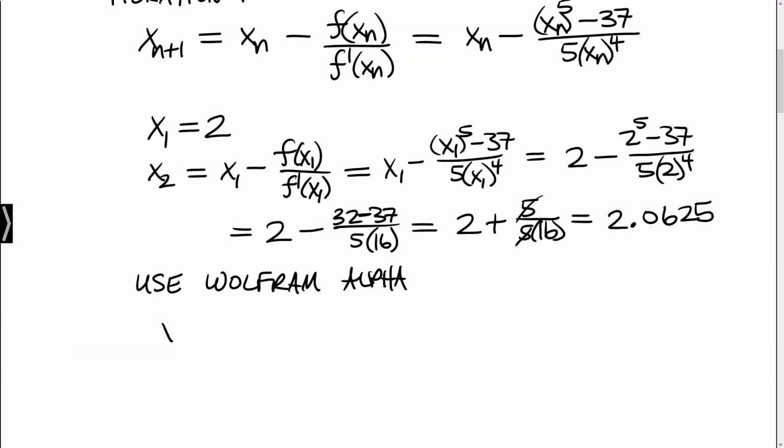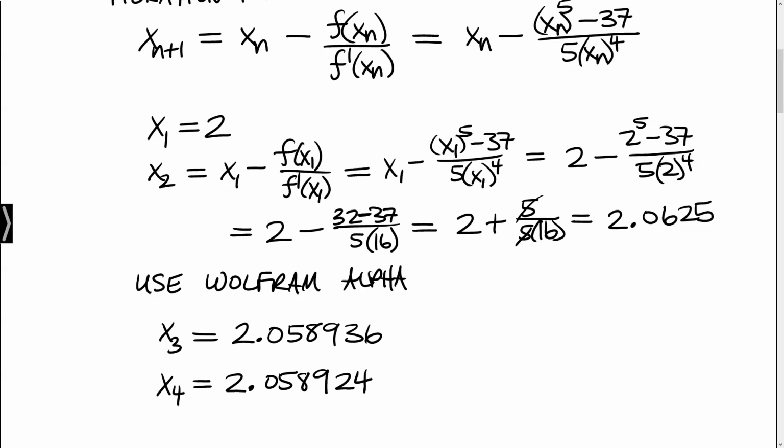So I'm actually going to write these down just for the notes. You know, we did it in real time there, but x3, the third number, was 0.58936. x4 was 0.58924, and then it was 1366 after that.